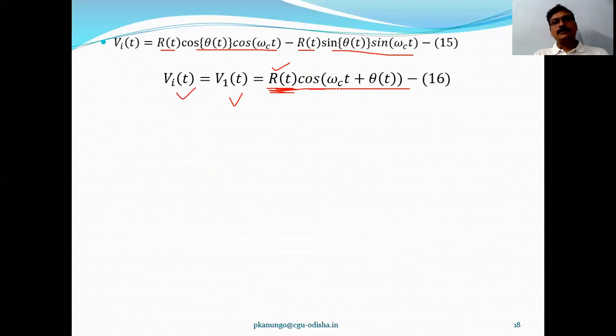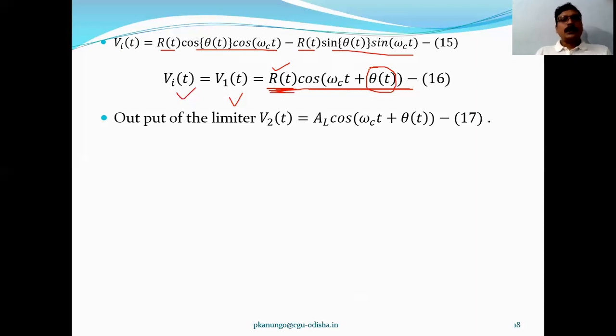And in the second term, there is an angle theta t, and this theta t is actually our noise term, because if you look at the phasor diagram, theta t is the angle between A plus NCT and RT.